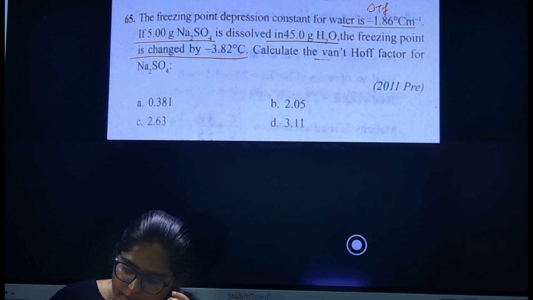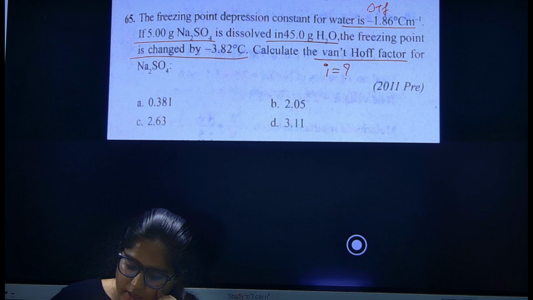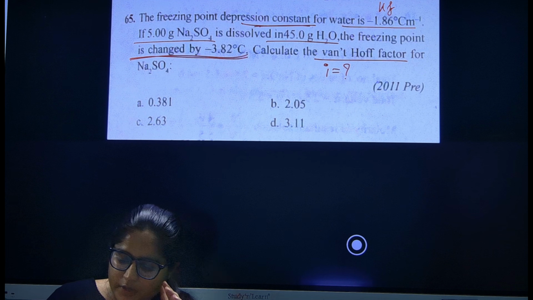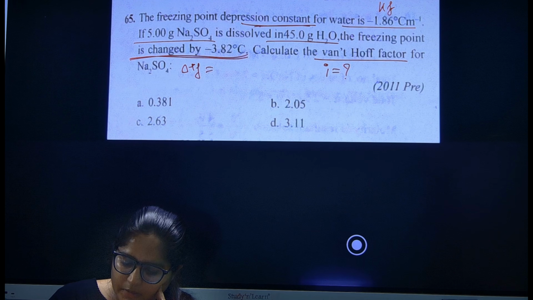Calculate the van't Hoff factor i. So the freezing point depression constant Kf is given, and Tf of the solution is given. If Tf is given, then delta Tf will be plus 3.82.